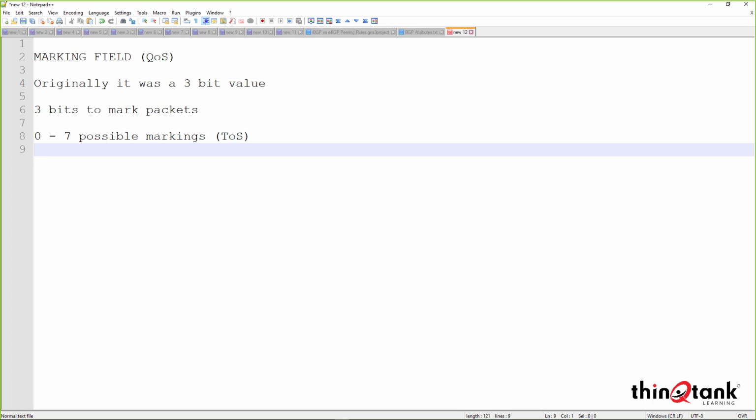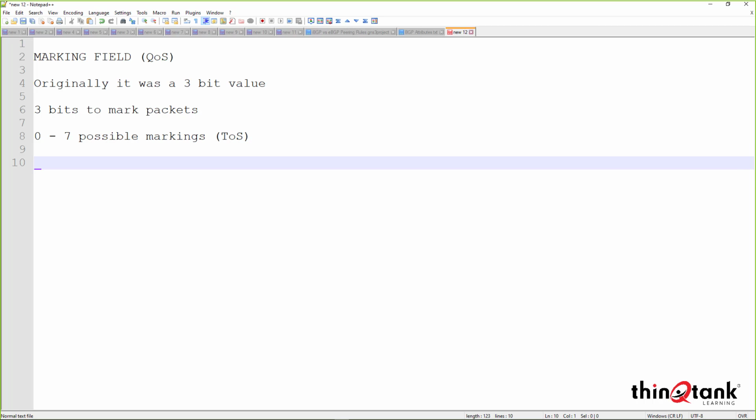But over time, and in the old days, 8 different classes of traffic was fine. We had some data traffic, we might have had some mission critical traffic, but we didn't have all the types of traffic that we have today. They changed from classic QoS, where we use this 3-bit TOS field, to something called DiffServ, which stands for differentiated services.